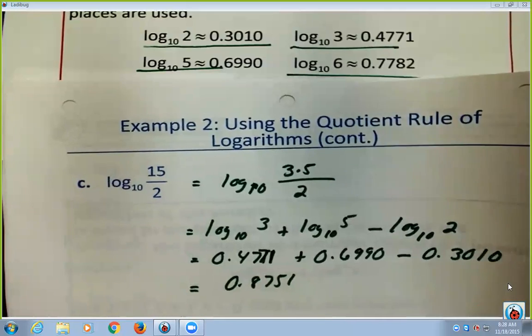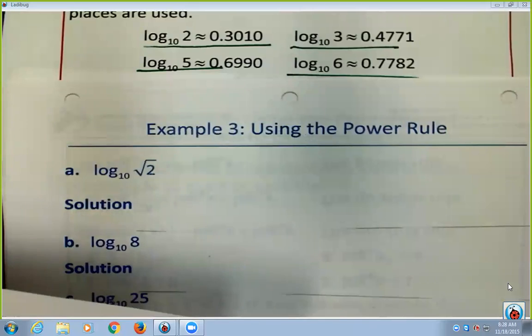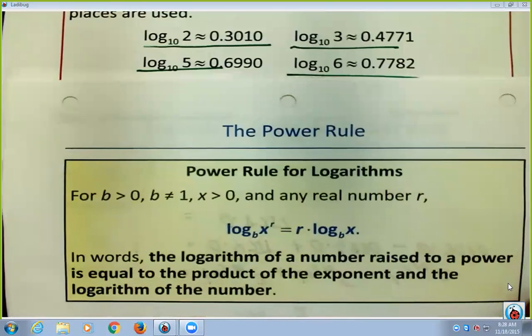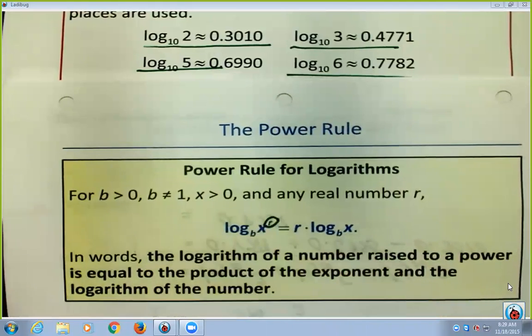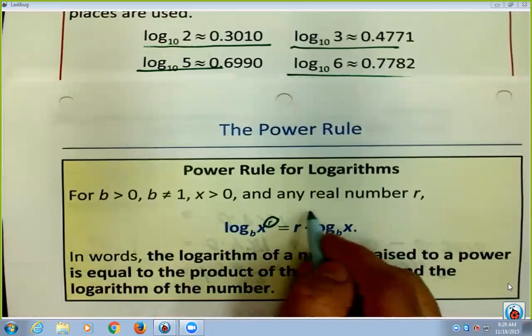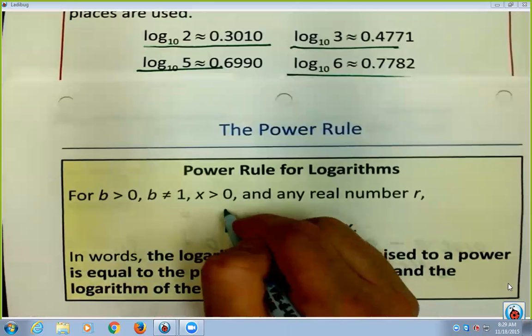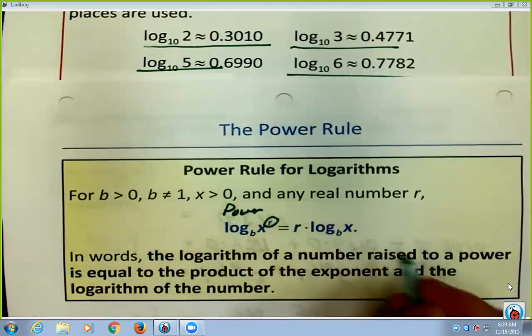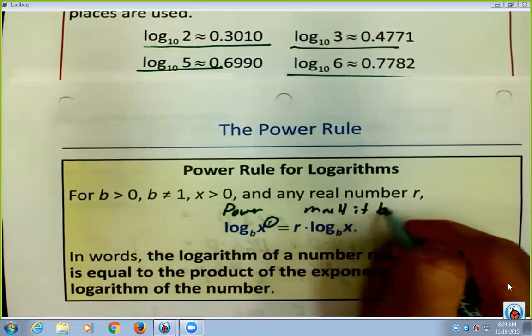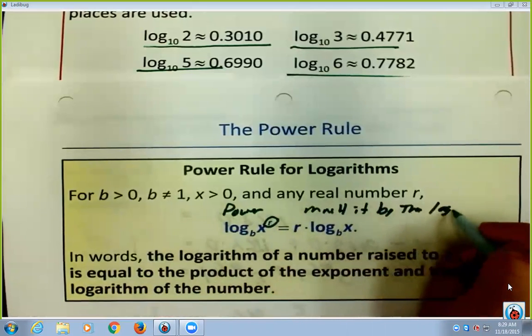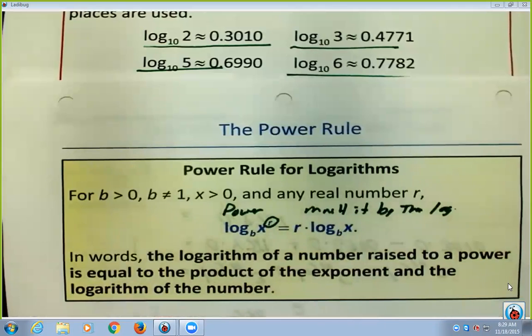Okay. And then finally the last rule that pertains to this is the power rule. And that says if we have something raised to a power besides x to the r power, we simply bring it in front and multiply. So if you have a power, you're going to multiply it by the log it's connected to, basically.